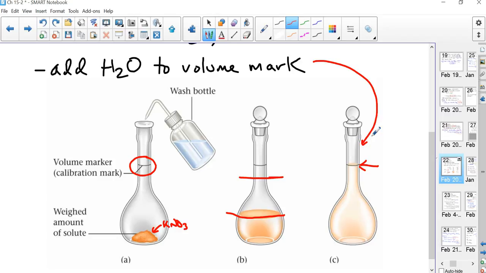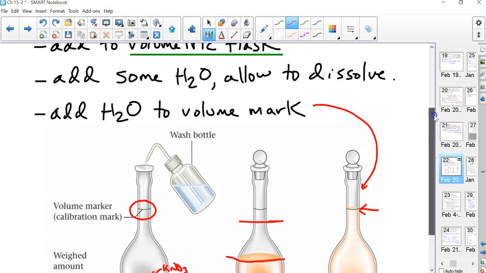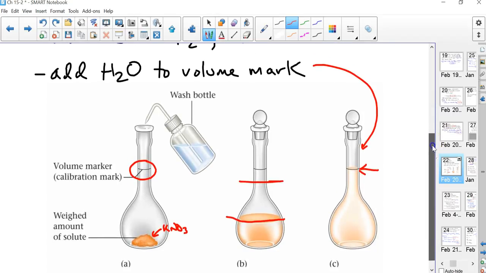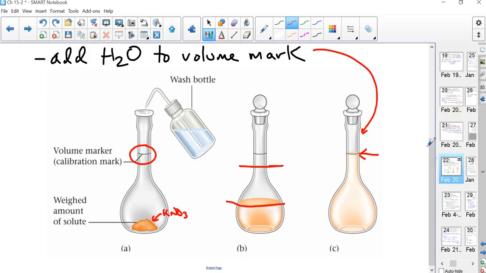The reason we do that is because there's an interesting thing called a volume defect: occasionally when you add highly ionic compounds like potassium nitrate to a solution, water becomes so attracted to those ions that it actually changes volume.